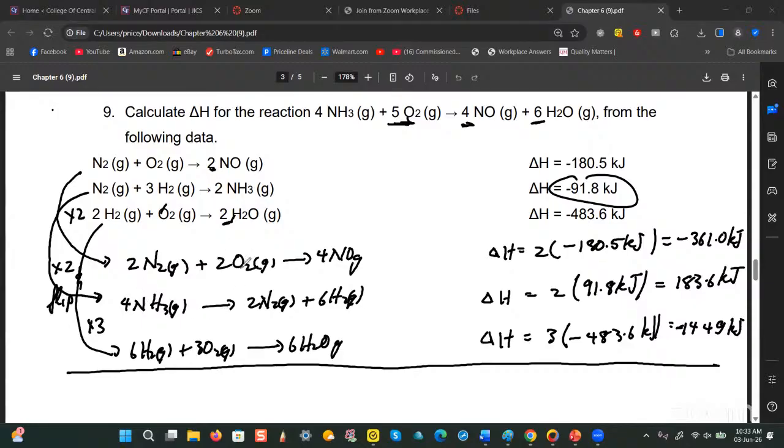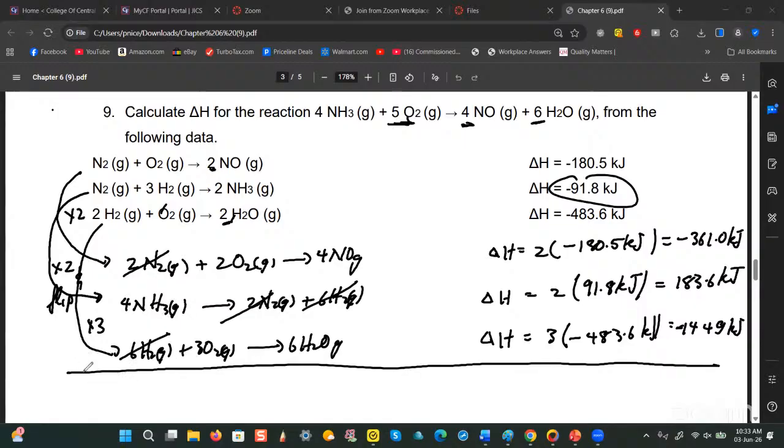Nitrogen. Yep, correct. The N2 here and here. Anything else? The hydrogens. Yep. Anything else? I don't think so. Yeah, I think those are the only items that would cancel.